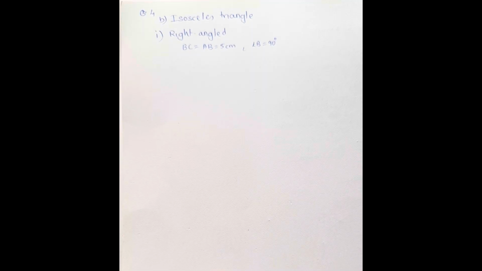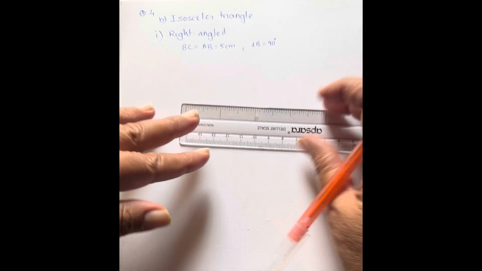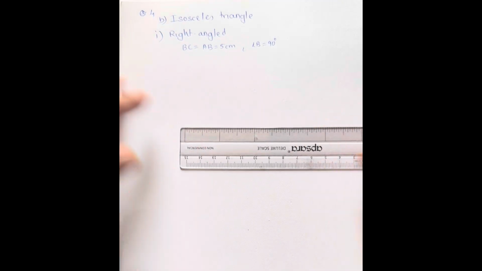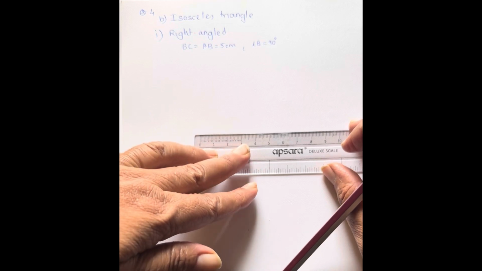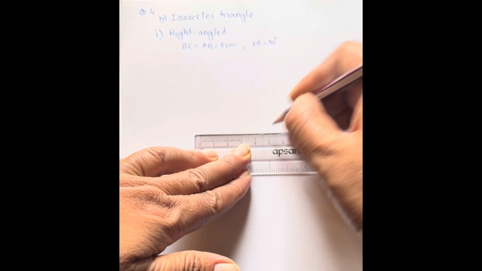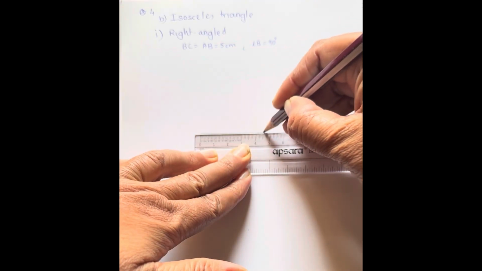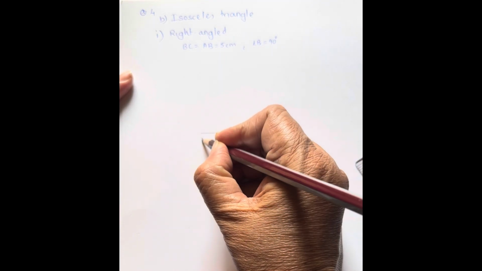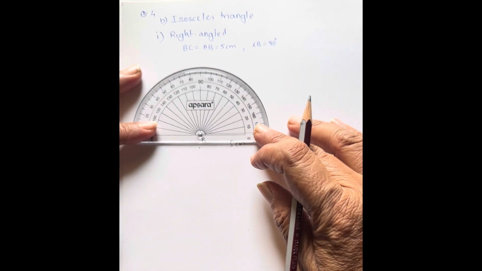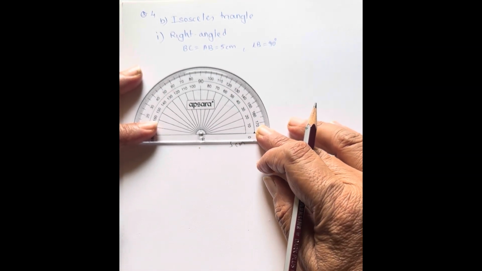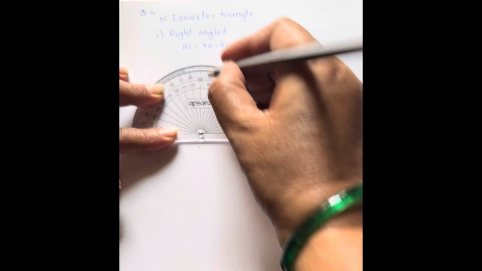So now we take the base as 5 centimeter. It is B. This is C. 5 centimeter. Then at B we draw 90 degree angle, taking BC as a base.